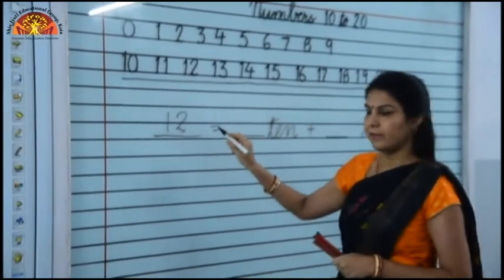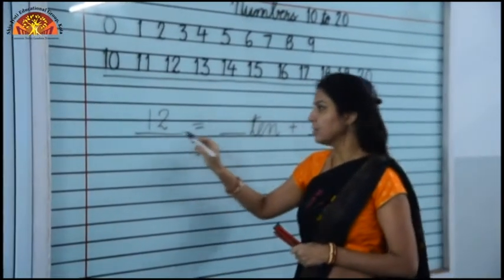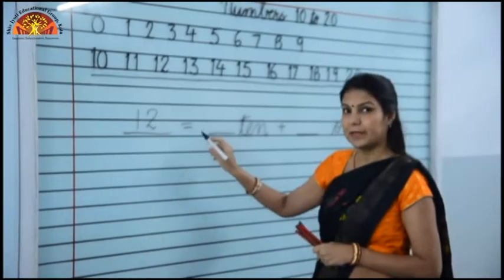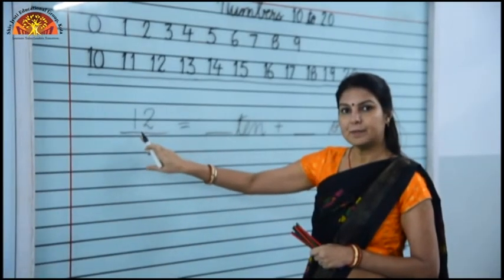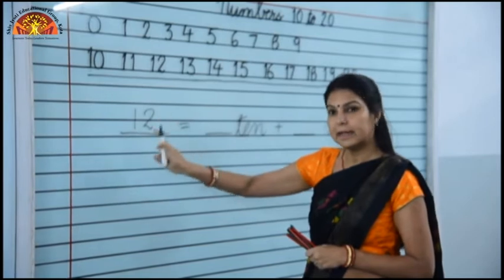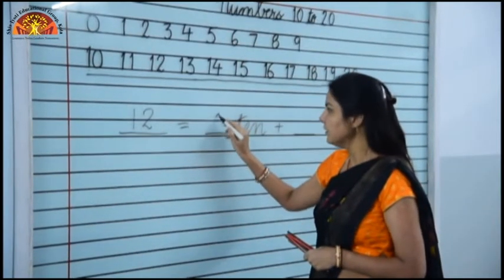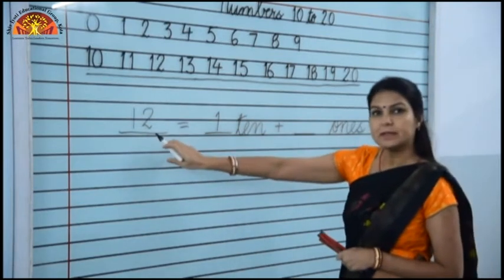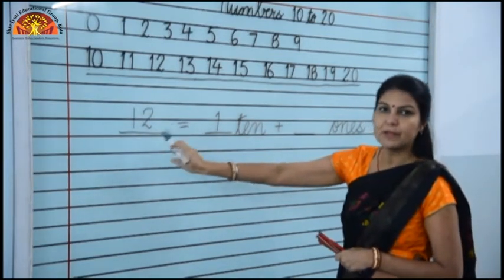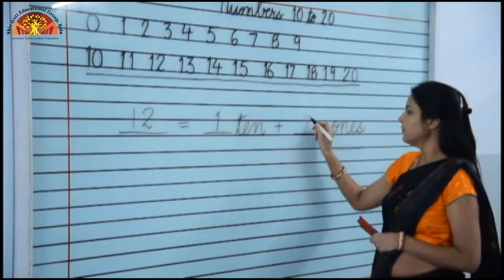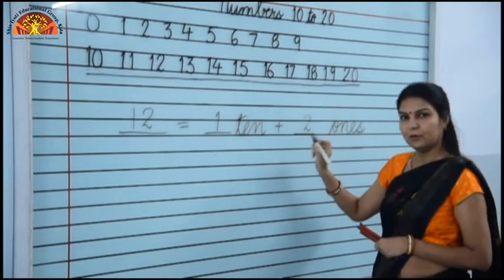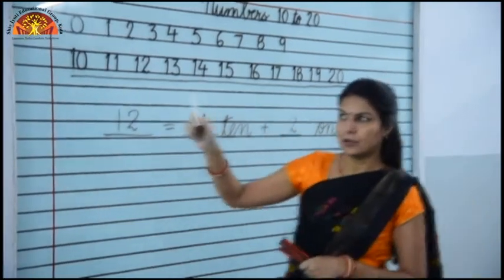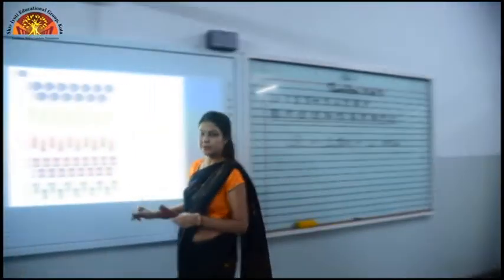Now we have to find out the number at tens place. 1 is at tens place, so we will write 1 in front of tens. And which number is at ones place? Here 2 is at ones place, so we will write 2 in front of ones. I hope you have understood. The rest of the questions you can do yourself.